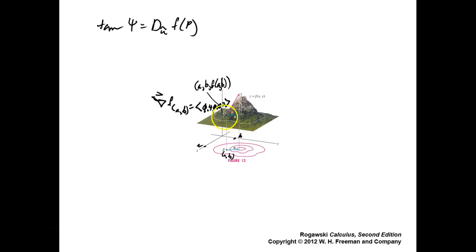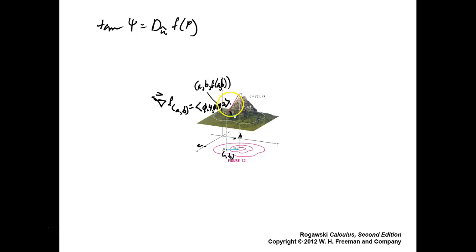So the gradient is this way. And this psi is what we're looking for, but the theta here is the angle of inclination in the direction making an angle of theta equal pi thirds with the gradient.